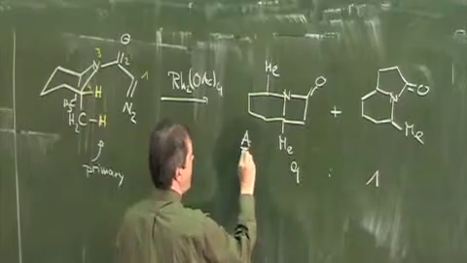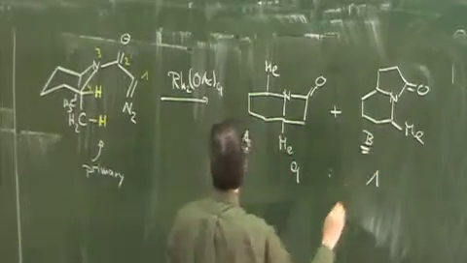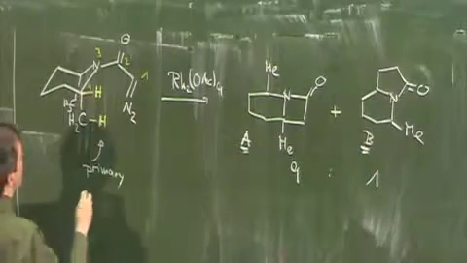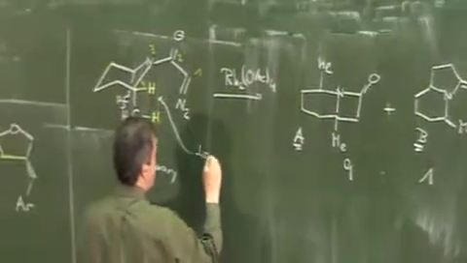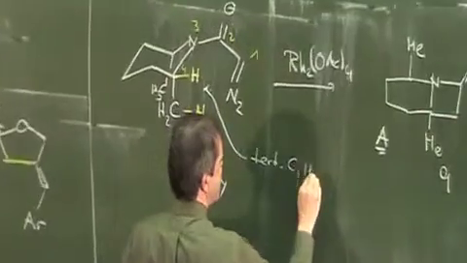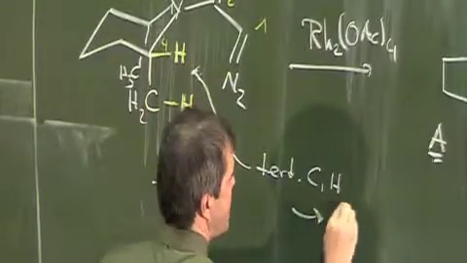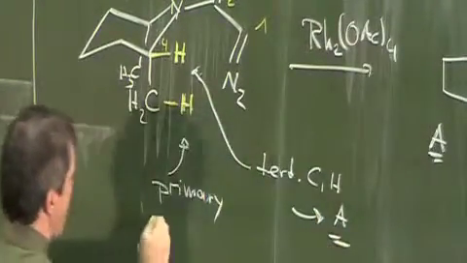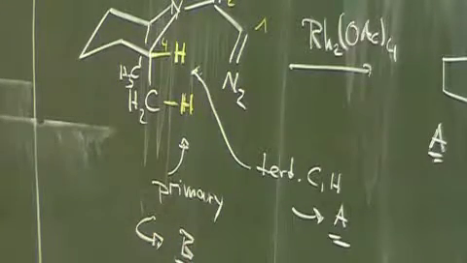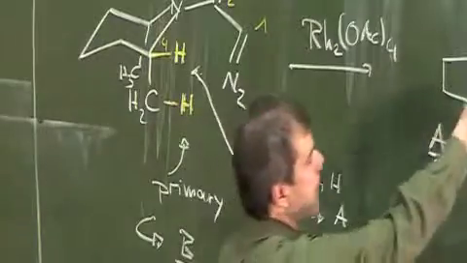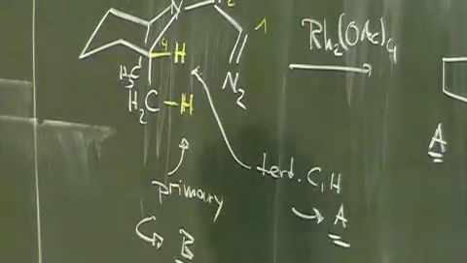So if I call this A and this B, we had the insertion into the tertiary CH, which leads to A, rather than into the primary one, which leads to B. Note here that in this case we are forming a beta-lactam ring.